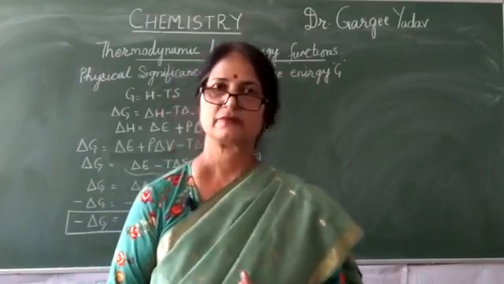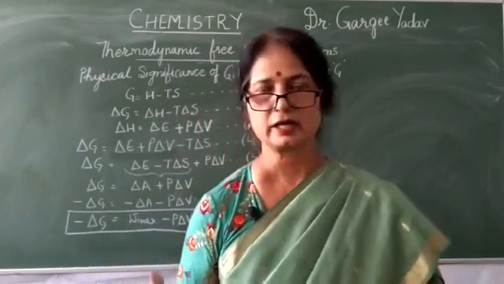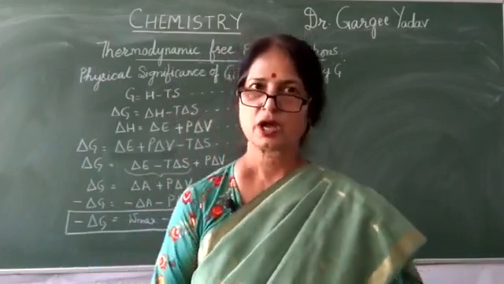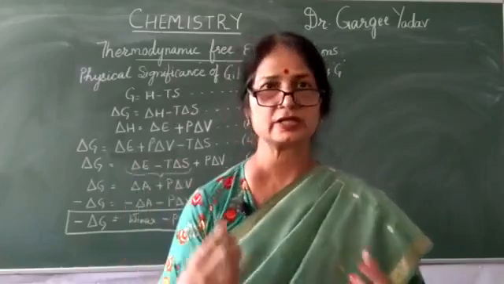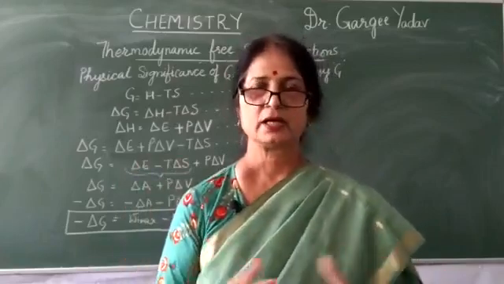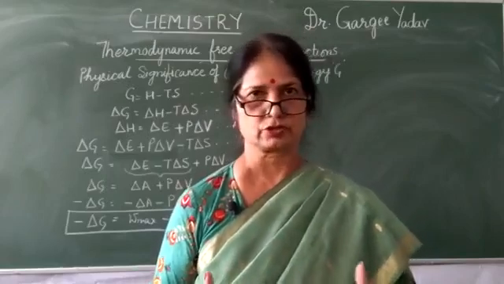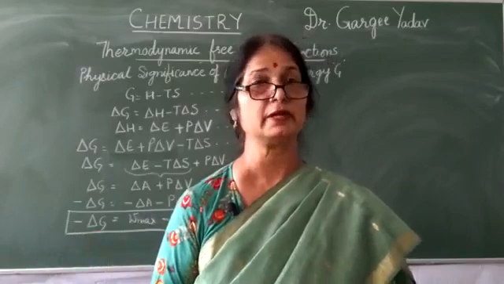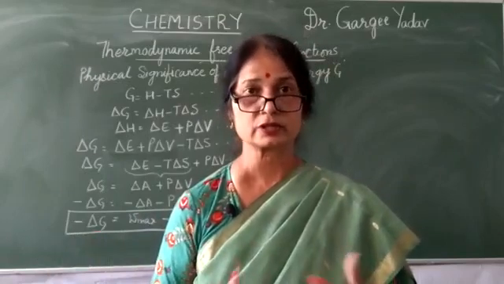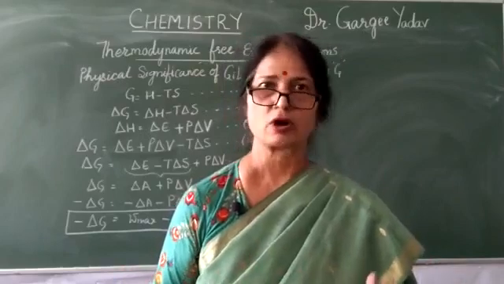The processes where there is a decrease in the Gibbs free energy will be 100% spontaneous. So out of the three factors, we can say that the Gibbs free energy function is a very strong criterion for determining the spontaneity of the reaction, whether a process will be feasible or not, whether a process will occur or not.